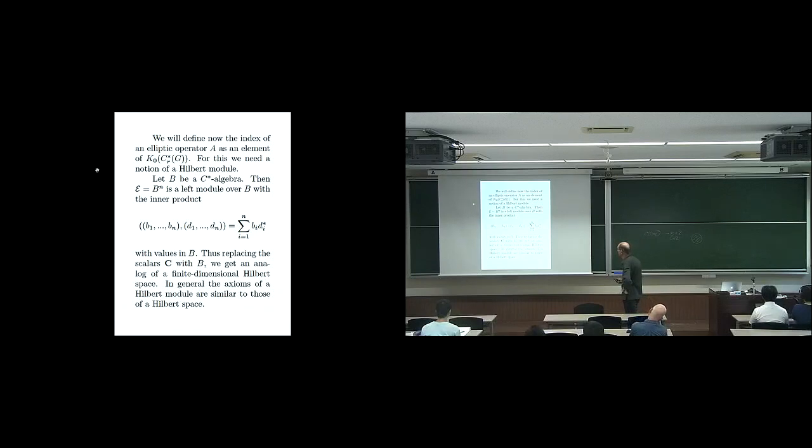You take the sum from 1 to n of the corresponding coordinates, taking the adjoint of the first and the second coordinates. This will be an element of B. And this is very similar to the usual Euclidean scalar product, like in the finite dimensional Euclidean space.